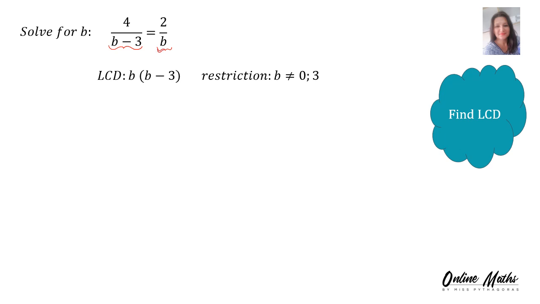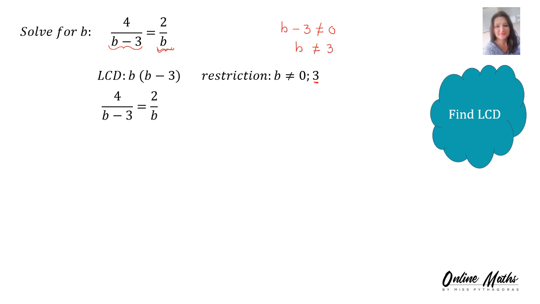It's for this term. And then where does the b cannot be 3 come from? It comes from the b minus 3. What you do is you write b minus 3 cannot be equal to 0, and then you solve for b. So b cannot be equal to 3. That is where that restriction comes from.